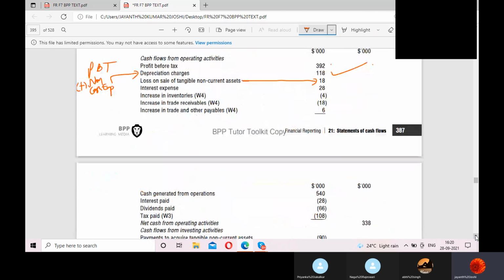We will add that. Why we are giving all these treatments, we have already discussed in our previous class. So we are done with all the non-cash and non-operating nature expenses.